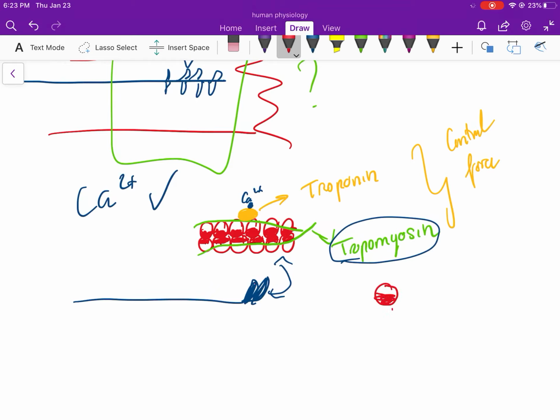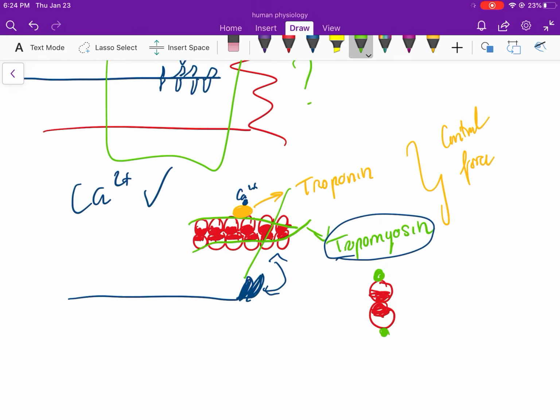Usually the binding site is the yellow part, and the tropomyosin makes a cross section, right? We'll see that it is right on top of the binding site, so the myosin cannot bind in.